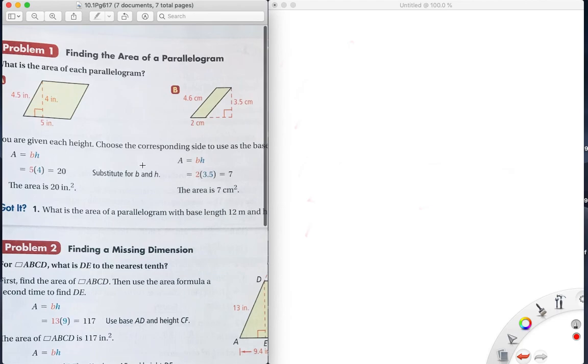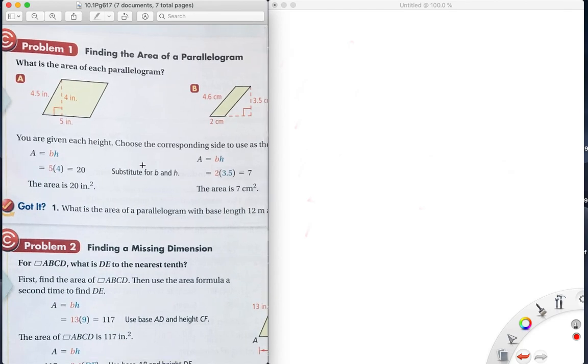Alright, so for the first example that they give us, example A, we have a parallelogram where we have a height of 4, and we have a 5-inch side. So which one is the base and which one is the height? We have 2 sides to our parallelogram, and we said that the height is always going to form a perpendicular intersection with the base.